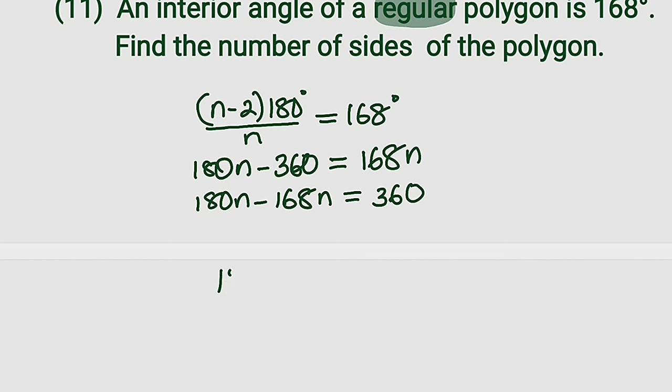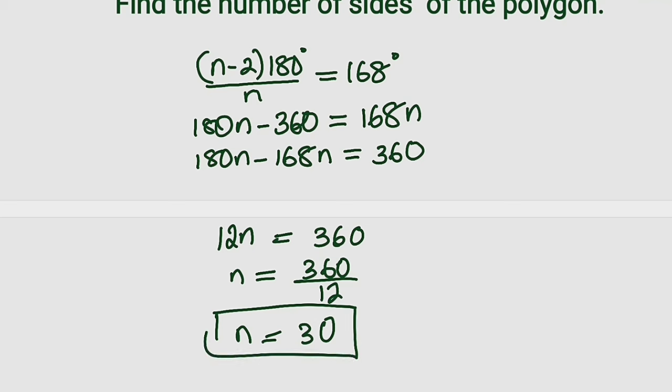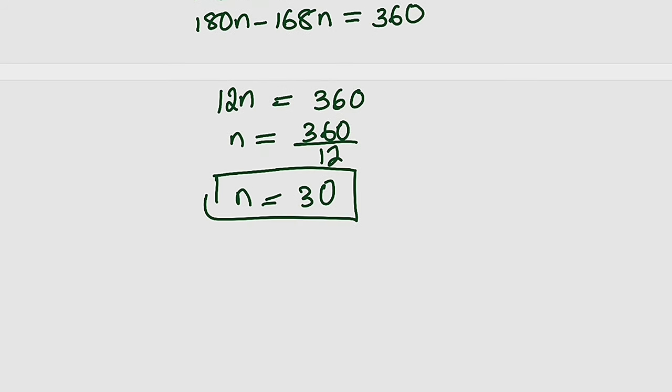So we have 12n equals 360, and n equals 360 divided by 12, and finally n equals 30. And hence that polygon has 30 sides. And this is question number 11. Now let us move on to question number 12.